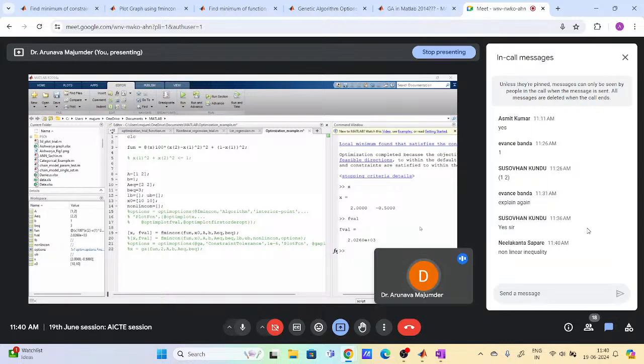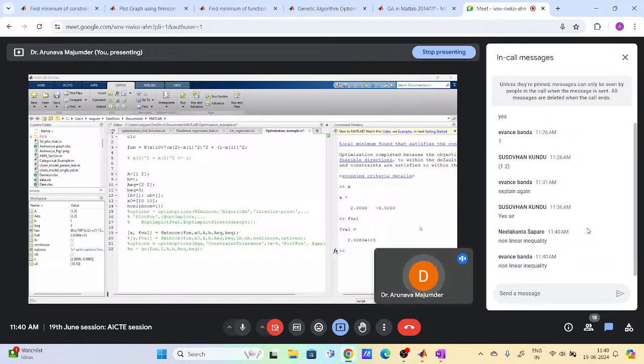X1 square plus x2 square less than or equal to 1. Nonlinear inequality. Exactly. Nonlinear inequality.